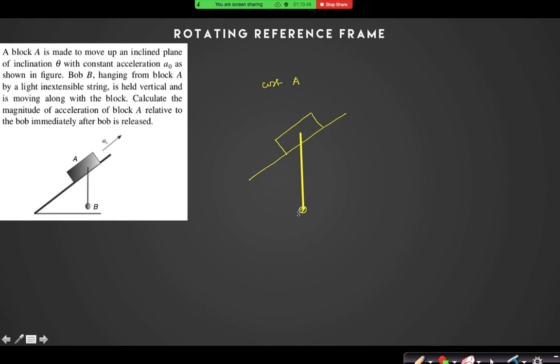And with respect to A, what are the forces acting on B? This will be MA0, right?